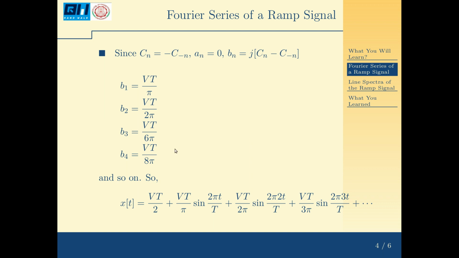The DC term is half of VT, plus the first harmonic, VT by π sine 2πt by capital T, plus VT by 2π sine 2π·2t by capital T, plus VT by 3π sine 2π·3t by capital T, plus etc.